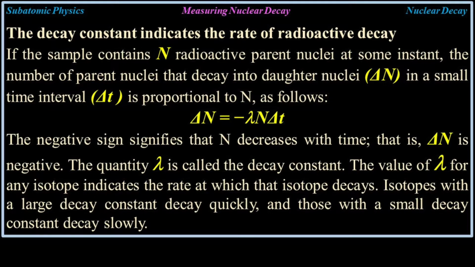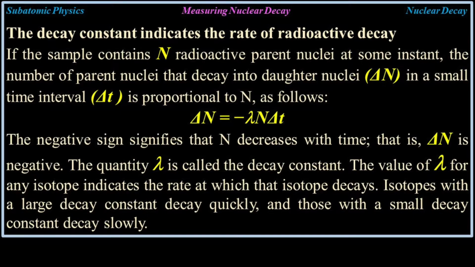The decay constant indicates the rate of radioactive decay. If the sample contains n radioactive parent nuclei at some instant, the number of parent nuclei that decay into the daughter nuclei, the change in n in a small time interval delta t, is proportional to n as follows. Delta n equals negative lambda n delta t.